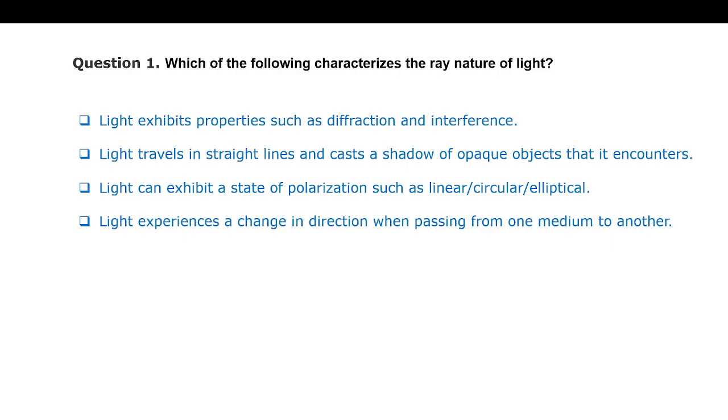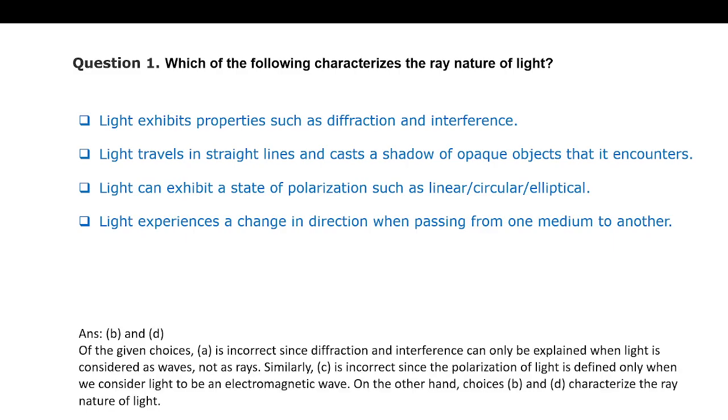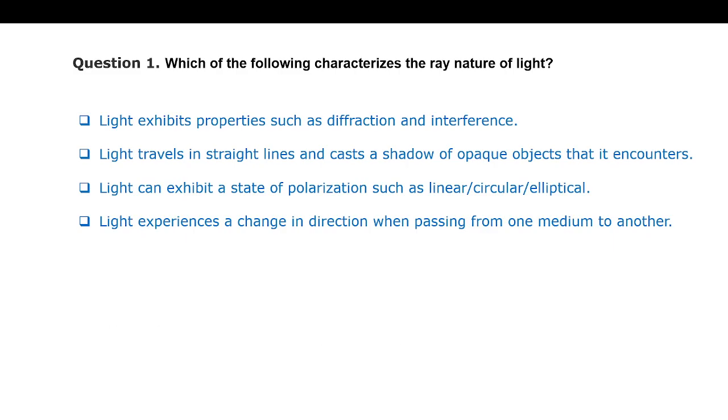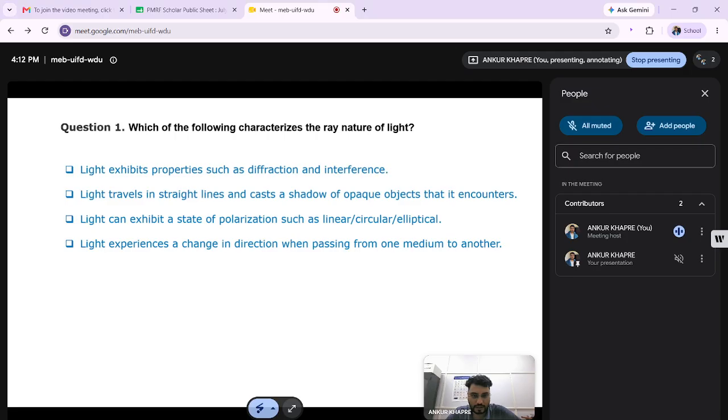The third option is light can exhibit a state of polarization such as linear, circular, elliptical. And the last one is light experiences a change in direction when passing from one medium to another. So you need to give the answer and wait for some time, then we'll discuss the answer.